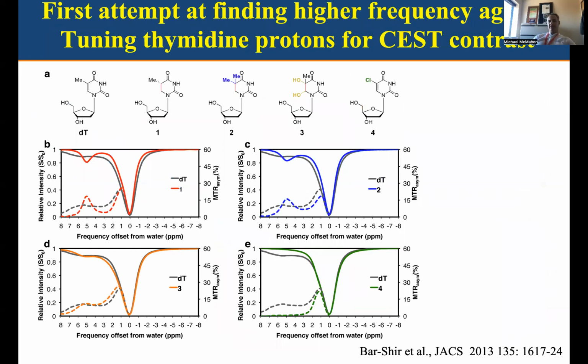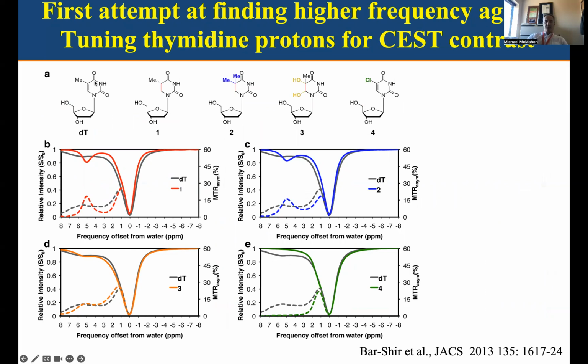And one of our first attempts was looking at these ring protons, which had some extra electron density on the ring. And so thymidine is one such ring proton.